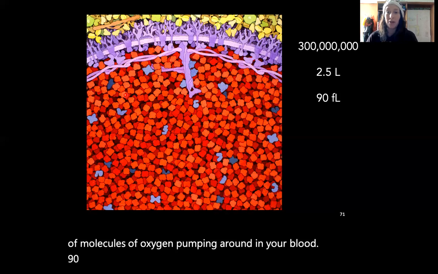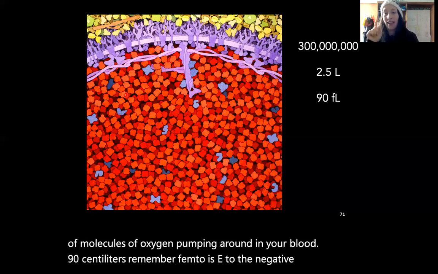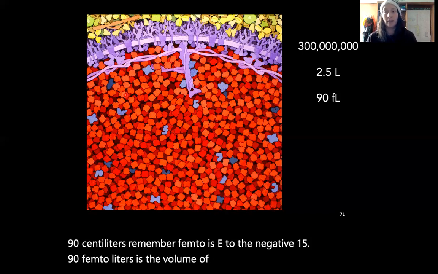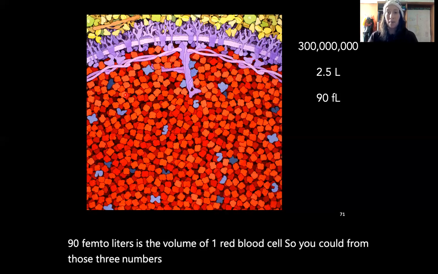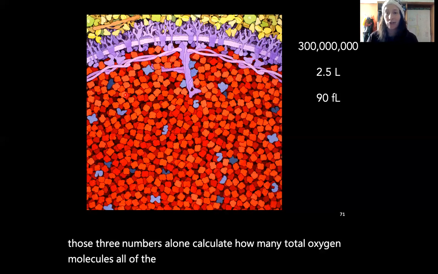90 femtoliters. Remember, femto is 10 to the negative 15. 90 femtoliters is the volume of one red blood cell. So you could, from those 3 numbers alone, calculate how many total oxygen molecules all of the hemoglobin in the average adult could carry.